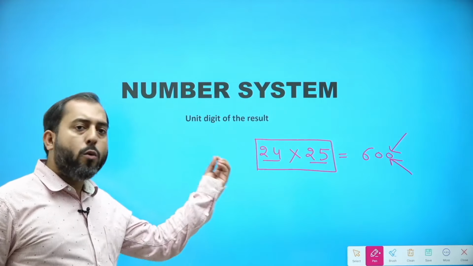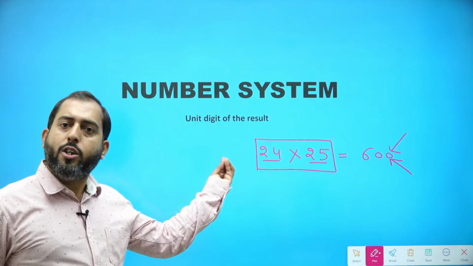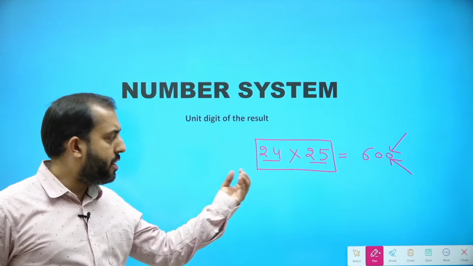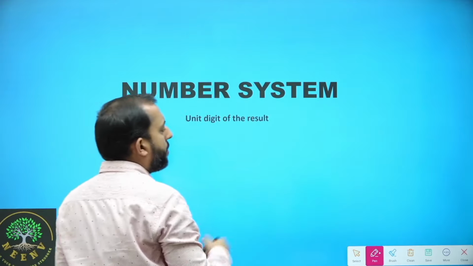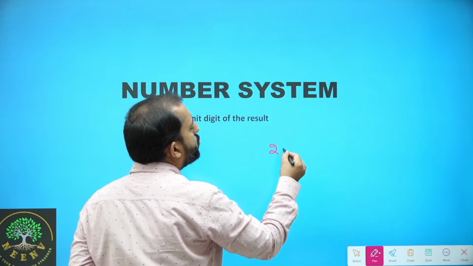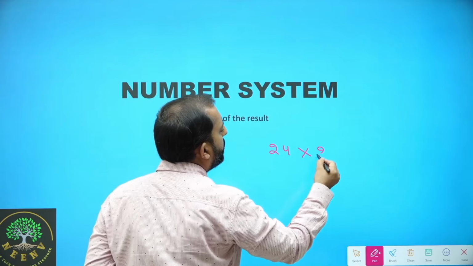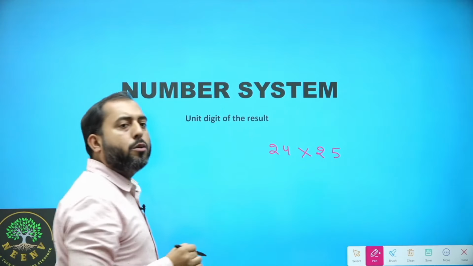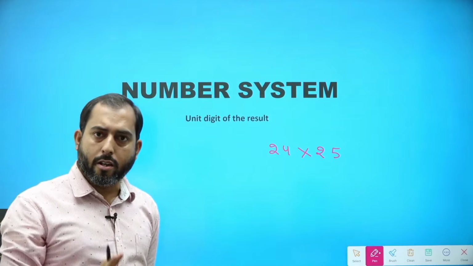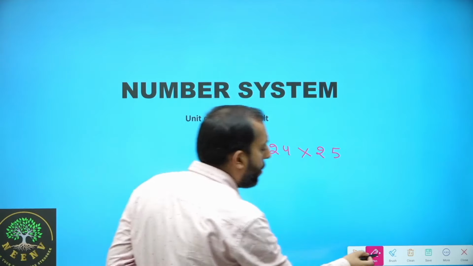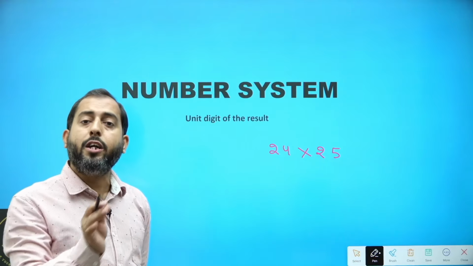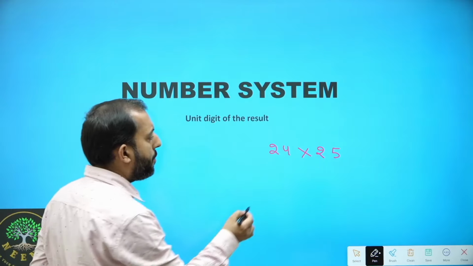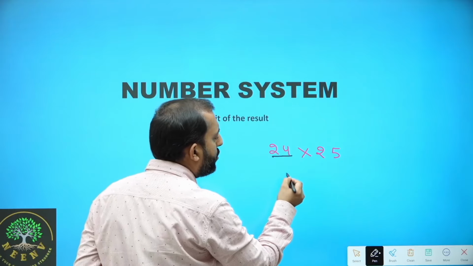Now, there is one more way of calculating the unit digit of an expression. Let me tell you that as well. Our product was 24 into 25. I want to find out the unit digit of the result. So, pay attention to the unit digits of the individual numbers. For example, in 24, the unit digit is 4.